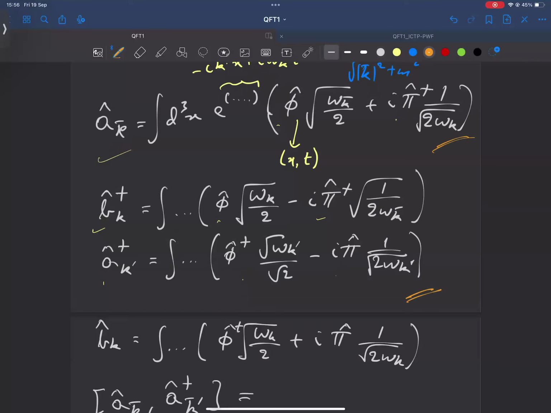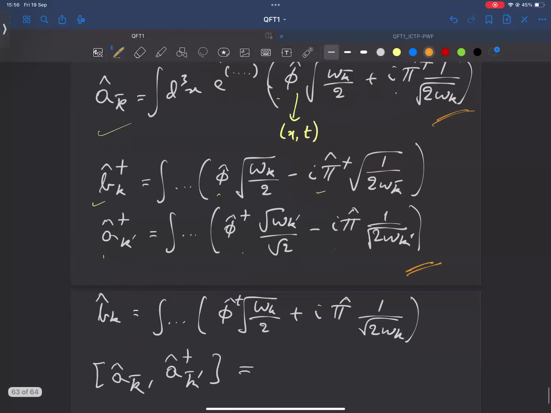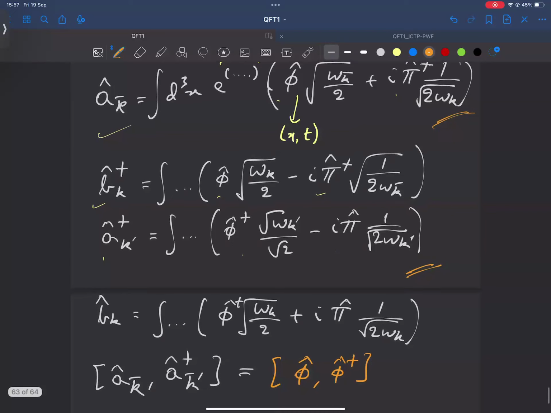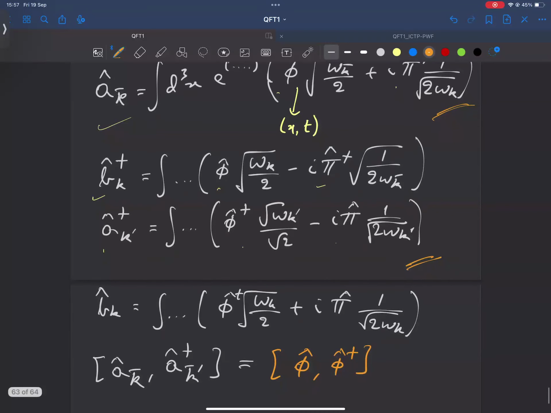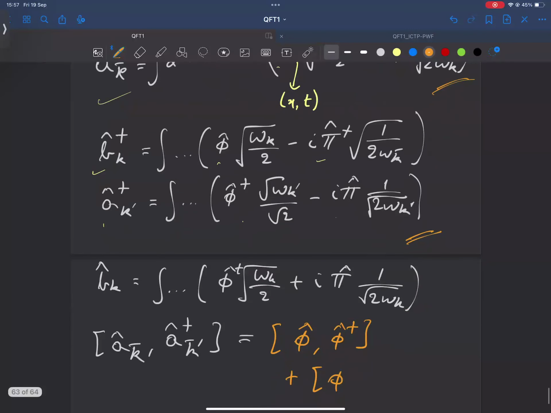Yes, so those are the two operators we want to look at, and you see what it will give you. If you want this commutator, it will give you phi and phi dagger, and then phi and pi.